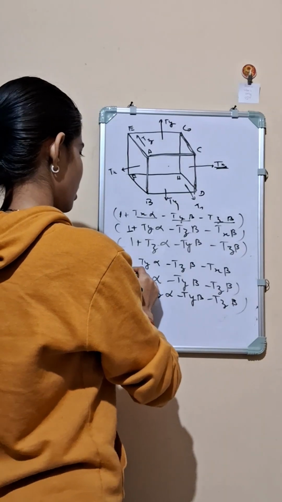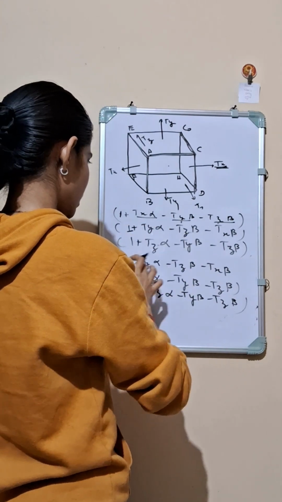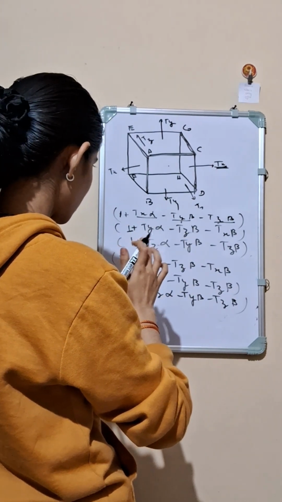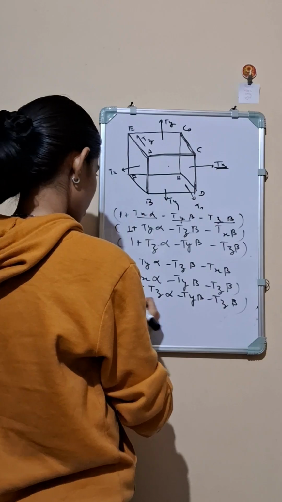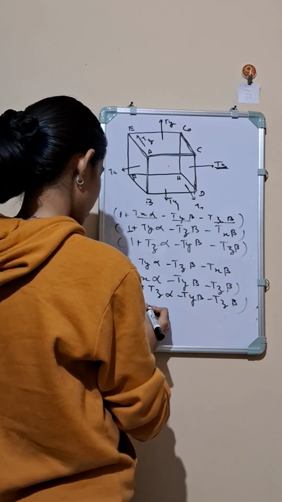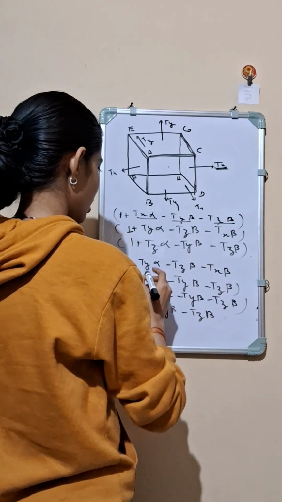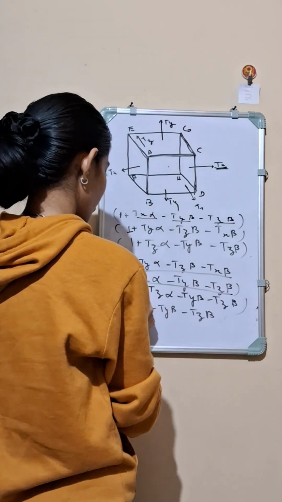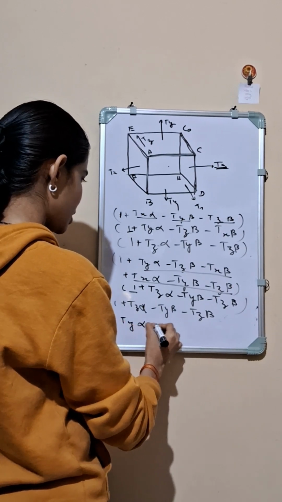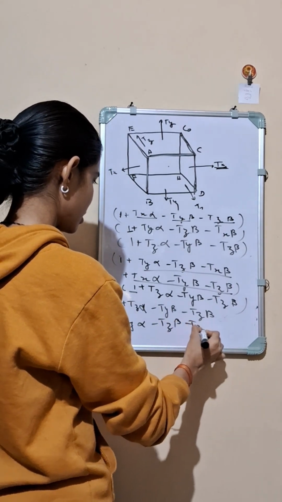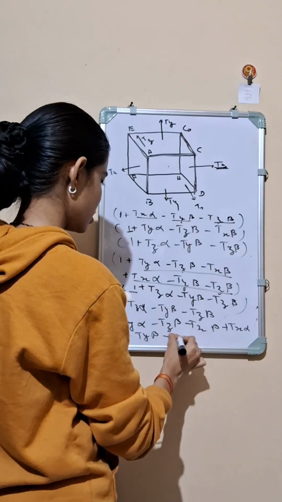Once again I will multiply 1 with everything and get 1 plus Tz alpha minus Ty beta minus Tz beta, and multiply these things only with 1, plus Ty alpha minus Tz beta minus Tx beta plus Tx alpha minus Ty beta minus Tz beta.